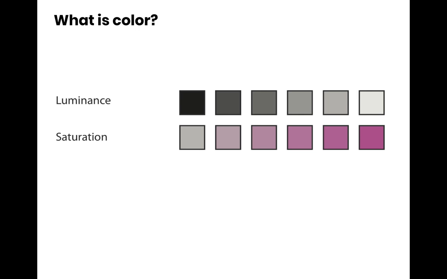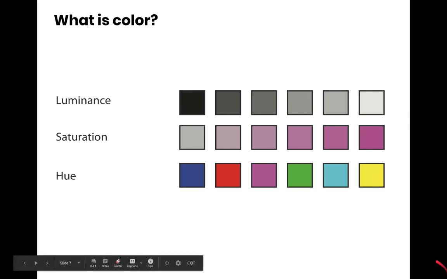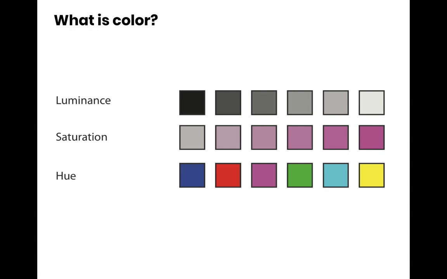And this saturation ranges from a gray, which is a very low saturation, to a very pure and clear, highly saturated color. And what we usually describe in common language as color is really called hue in technical terms. So here we have the different frequencies of light, basically.